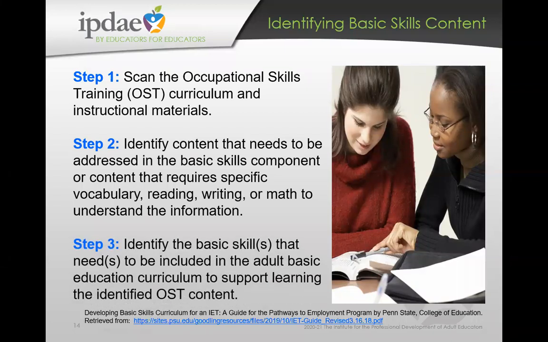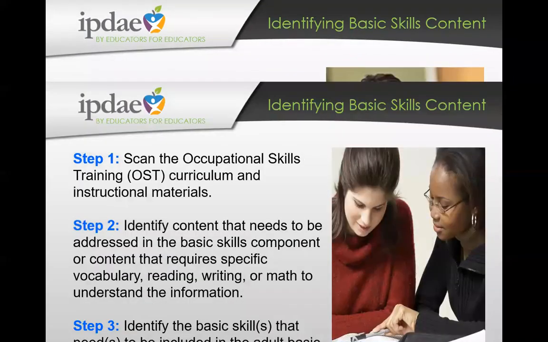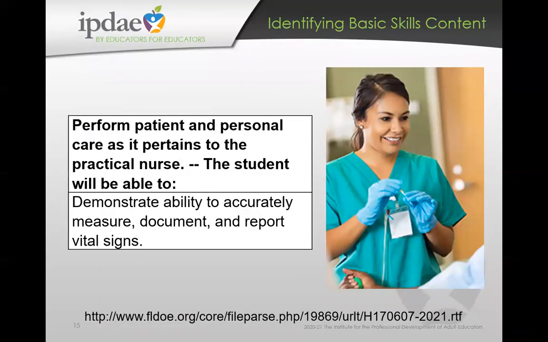Once you've identified those basic skills, then you need to identify which ones you need to include in your IET curriculum. In this case, I just made the choice for you. Let's pick one of the first few competencies in the licensed practical nursing program: the demonstration of the ability to accurately measure, document, and report vital signs.